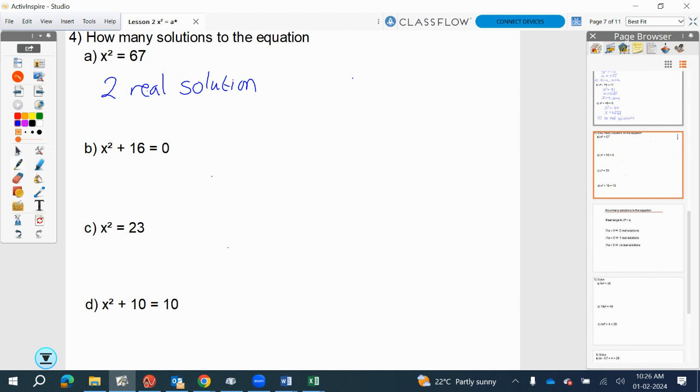Plus root 67 and minus root 67. There are 2 irrational answers.